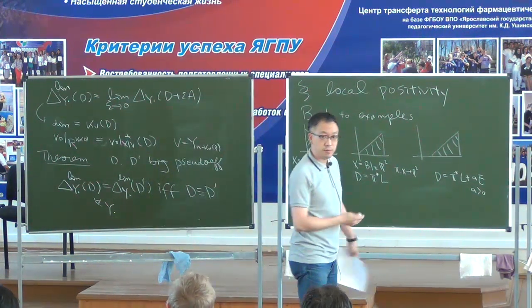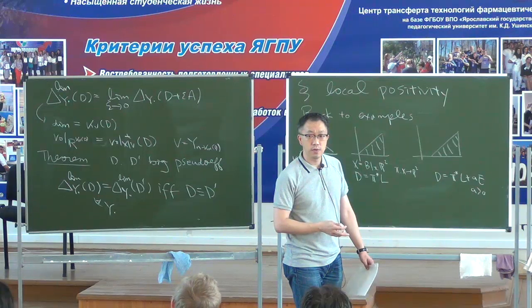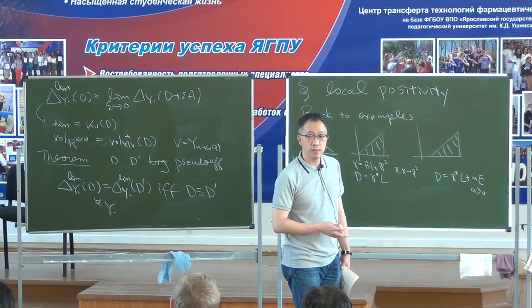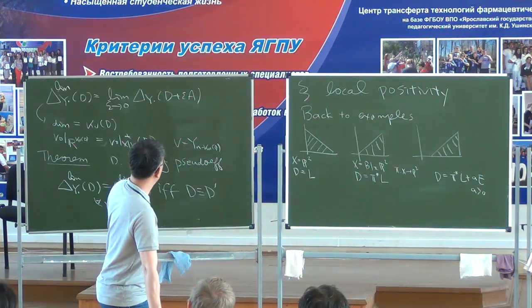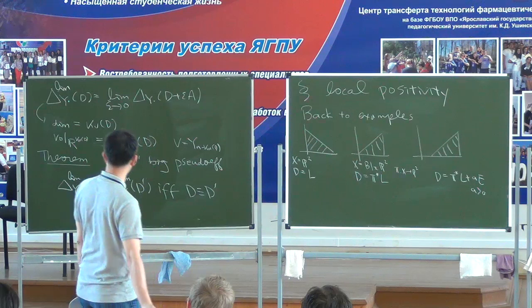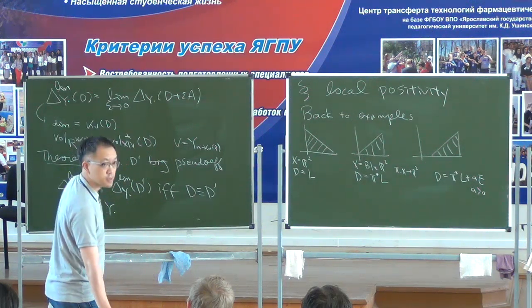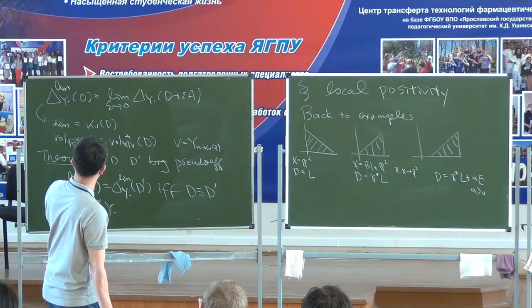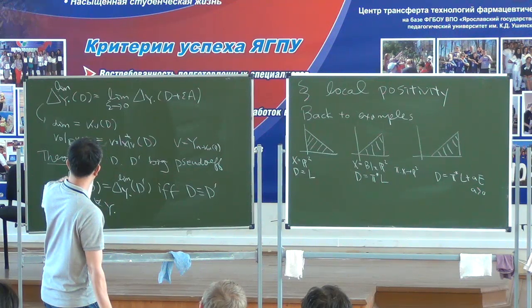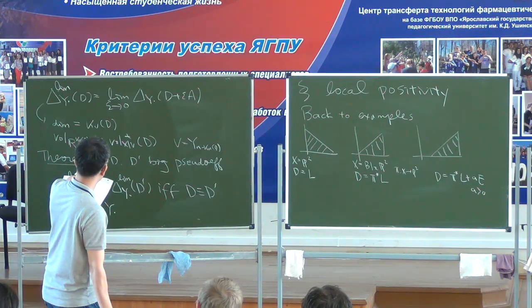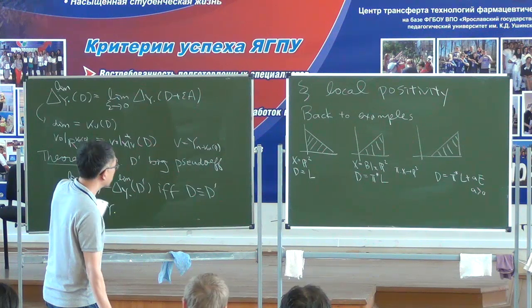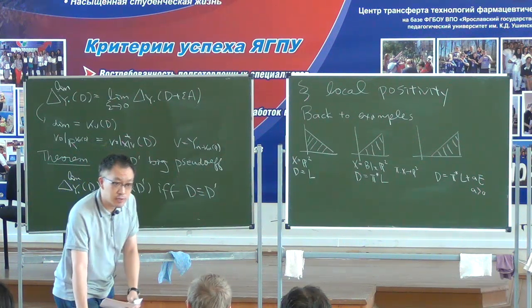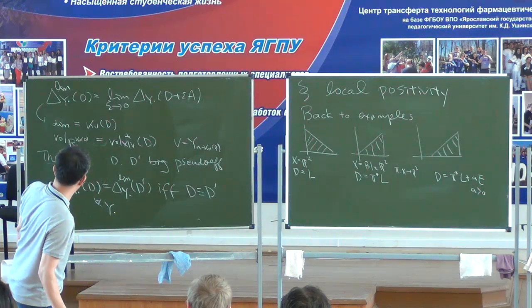But in all those three examples, delta U is the usual delta, right? You have this delta U, and then you have the usual delta. Am I right that in all three cases, delta is the same?